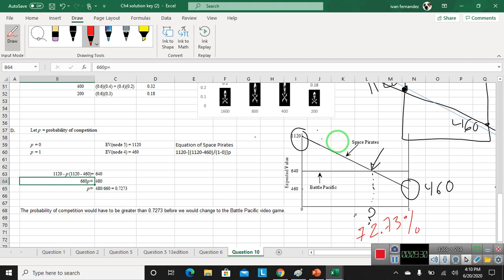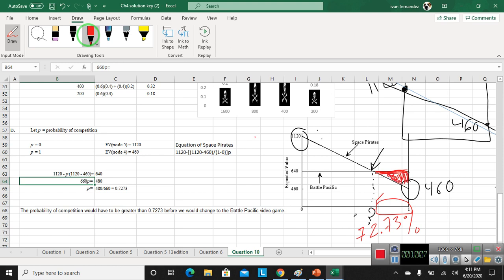That's the probability at which, if there is more than 72.73 probability of competition, Battle Pacific will be the better choice. You see how Battle Pacific has a higher expected value than Space Pirates from 72.73 all the way to 100. In that case, Battle Pacific is better than Space Pirates.